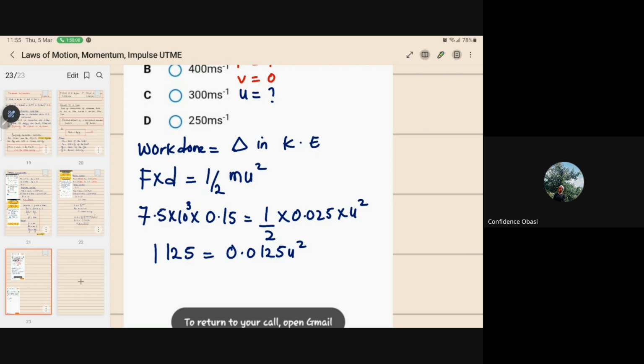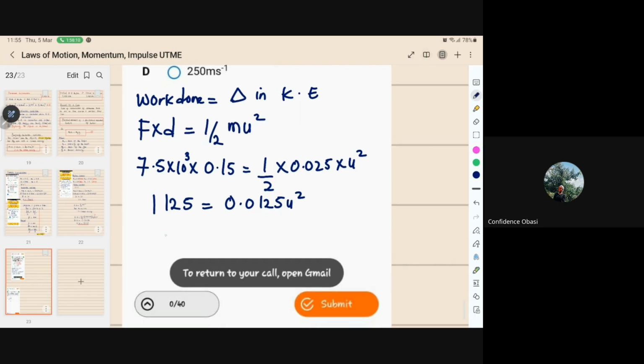Since I'm looking for u, I will divide both sides by 0.0125.